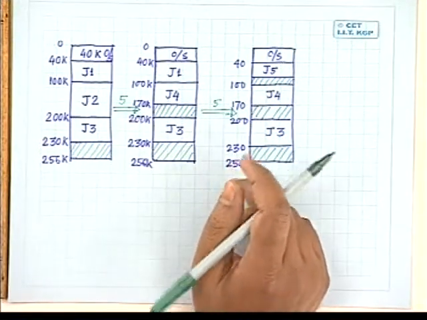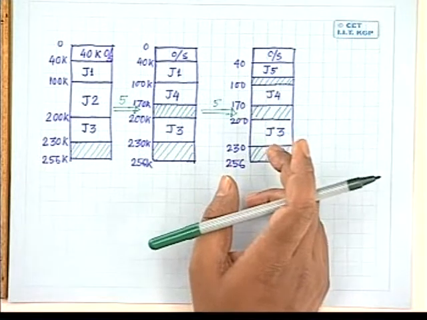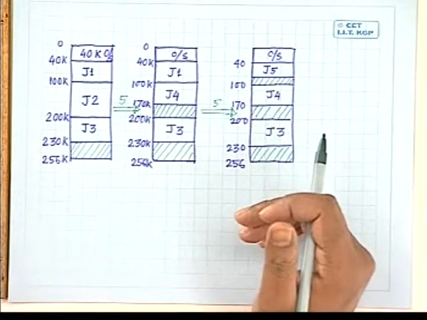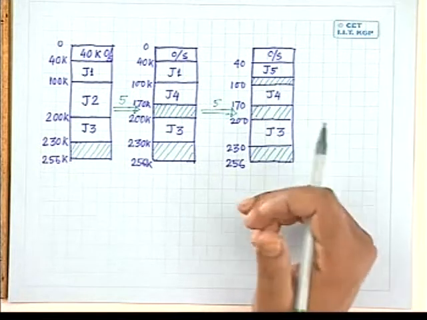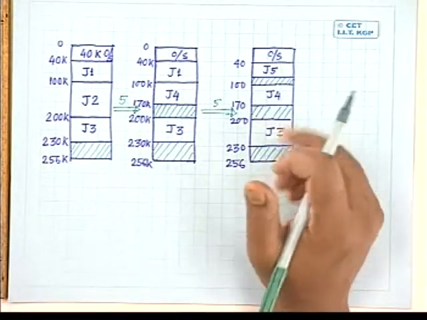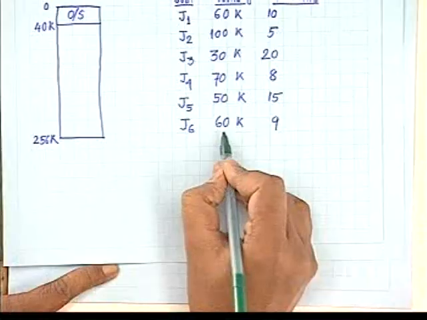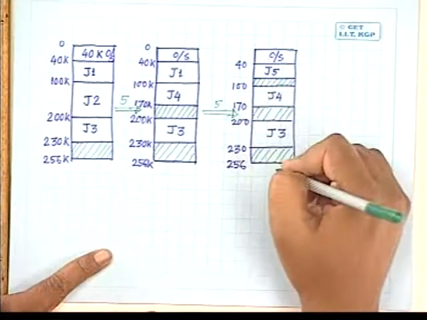Right? Now, one more advantage with this MVT technique is that I can go for some replacement of jobs in this memory, what is called memory compaction. Because here you find that the size requirement of job J6 is 60 kilobyte. Okay. What is the total free space in the main memory?